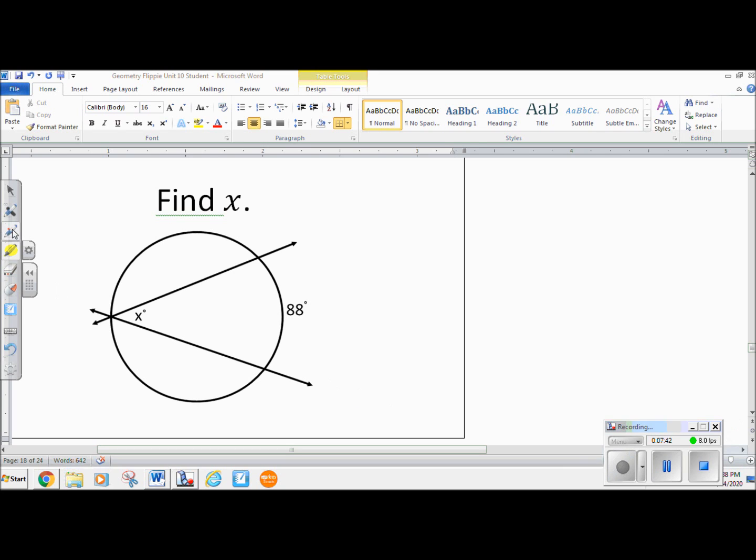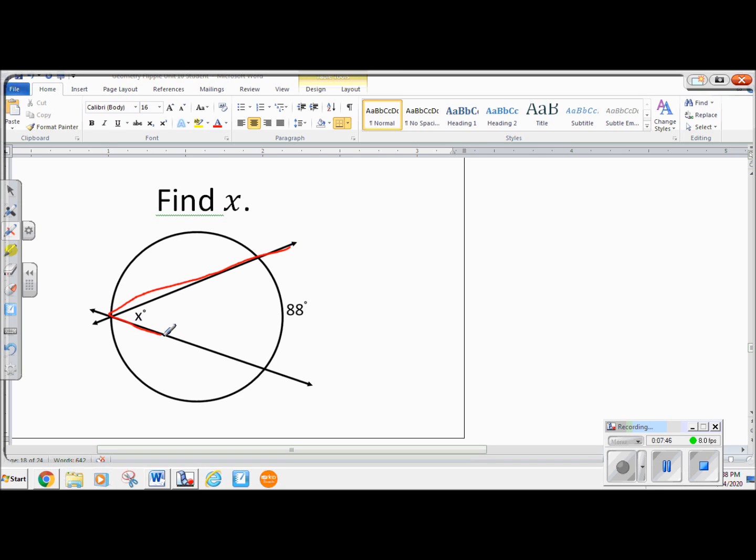Find x. Here we have the cone that's x, and we know the cone is equal to half the sum of the scoops. One scoop is 88.